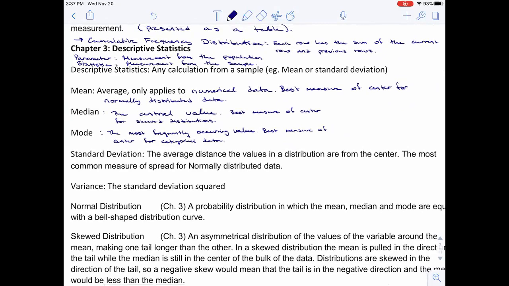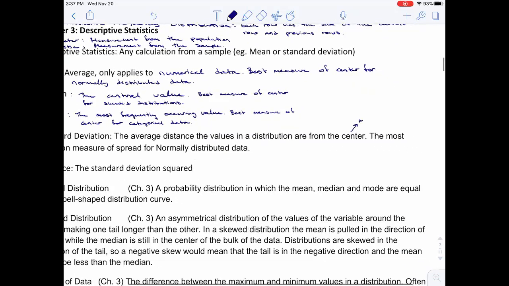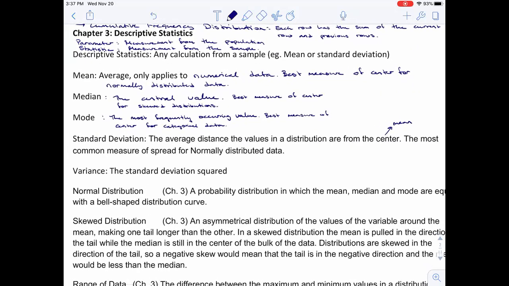Standard deviation, just by definition, is the average distance the values in a distribution are from the mean, right, or from the center. From the center, the mean. And it's the most common measure of spread for normally distributed data.